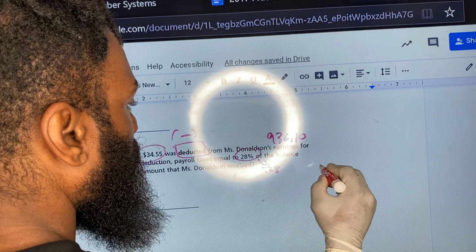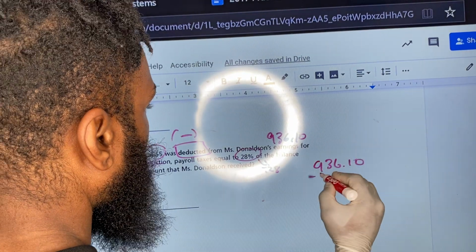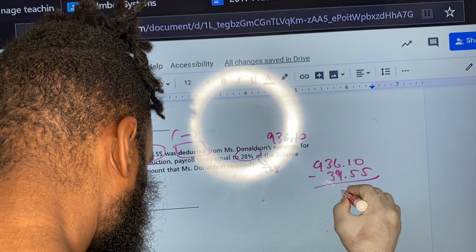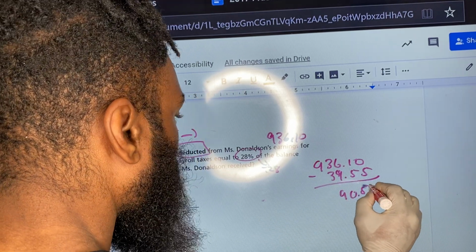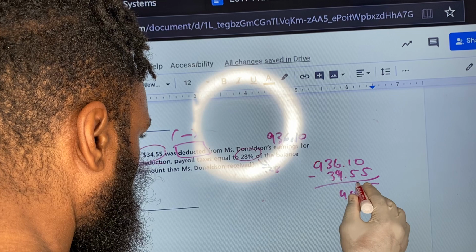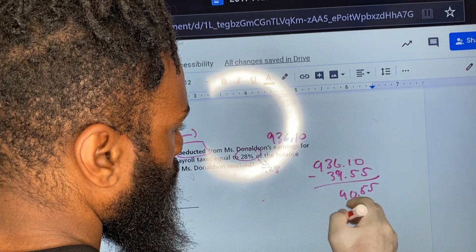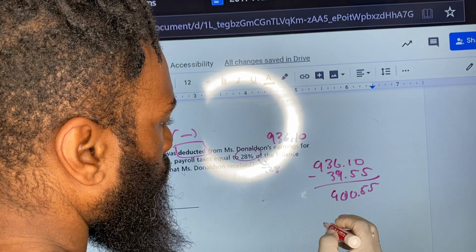So we take that $936.10 minus that $34.55. We get $901.55.